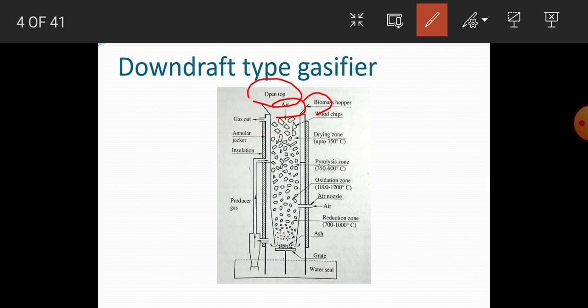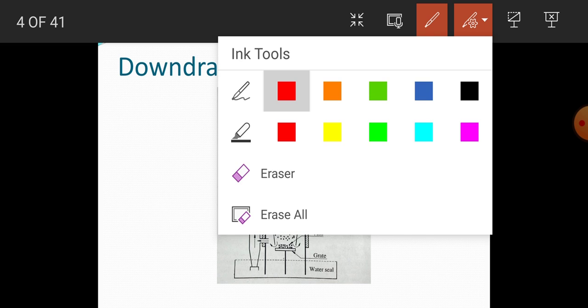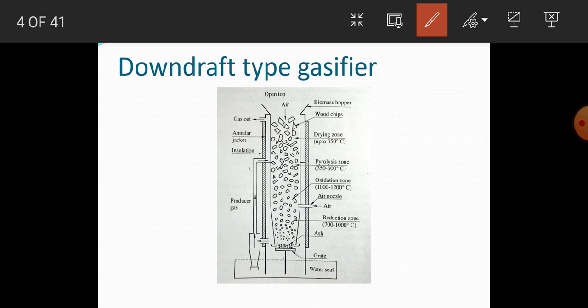In steady state operation, heat from the combustion zone near the air nozzle is transferred upward by radiation, conduction, and convection, causing these wood chips to pyrolyze. This is our biomass pyrolyzing and losing 70 to 80% of its weight.